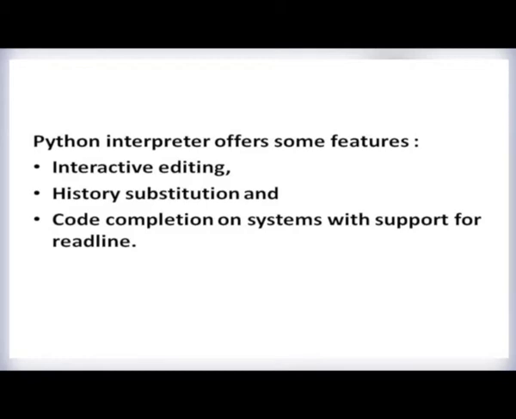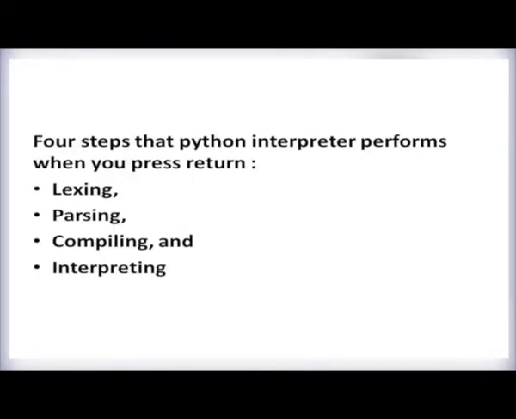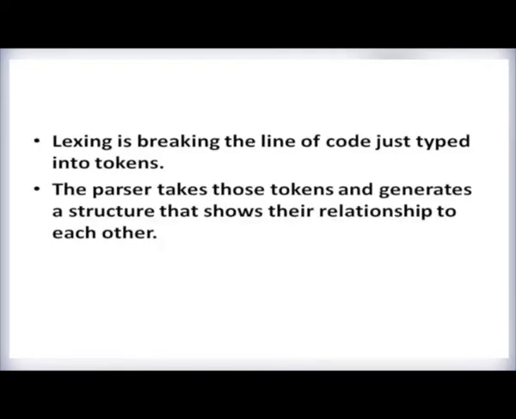Python interpreter offers some features such as interactive editing, history substitution and code completion on systems with support for readline. There are 4 steps that the Python interpreter performs when you press return. They are lexing, parsing, compiling and interpreting. Lexing is breaking the line of code just typed into tokens.